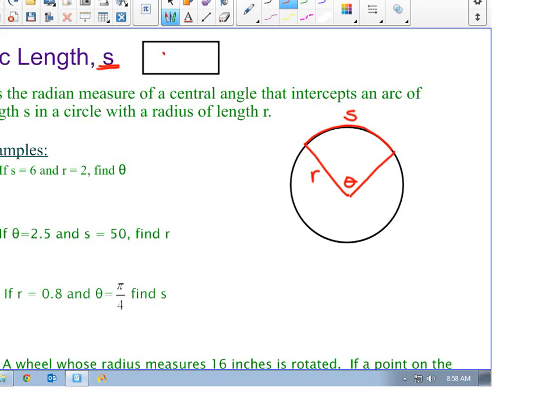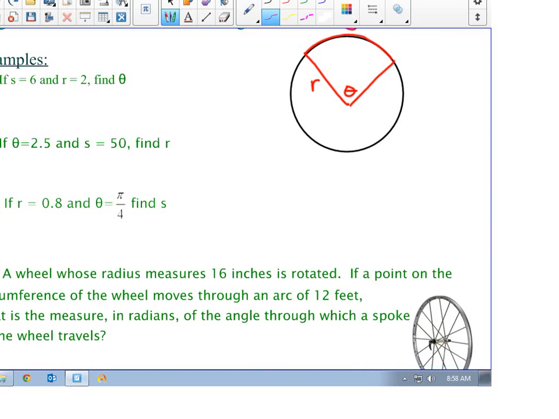The formula is S equals theta times R, and you want to make sure that you have theta in radians. So if it's given to you in degrees, you need to switch that. These are pretty simple.